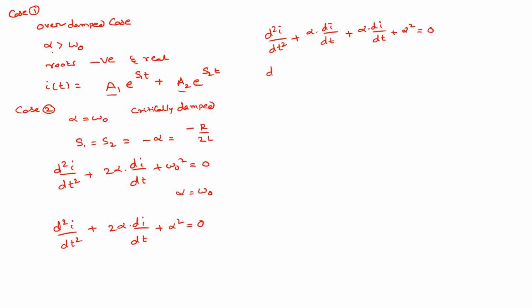Now separate the di by dt term here. What are you left with? First, another di by dt, and the one you are left with is alpha into I, right?